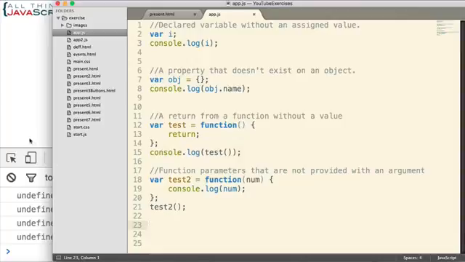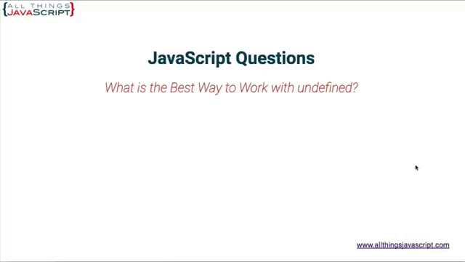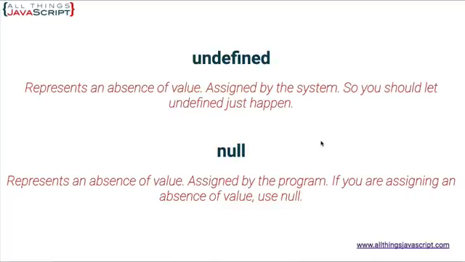So now let's take a look at some basic rules which I try to follow with undefined and null. So first off, undefined. It represents an absence of value, as we talked about. It is assigned by the system. So the basic rule is you should let undefined just happen. Meaning, if you need to indicate an absence of value, don't assign it undefined yourself. Assign the value null.